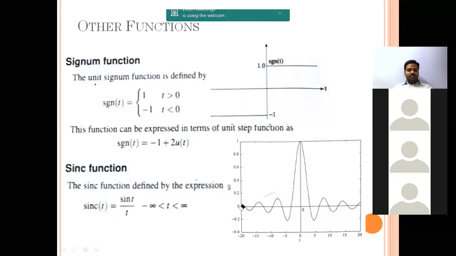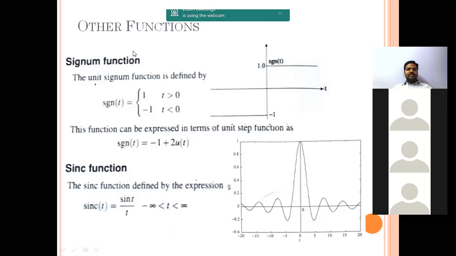Similarly, the sinc function is also available. The amplitude is largest at t equal to 0, and the amplitude decreases as t approaches infinity. The sinc function may be defined from -infinity to +infinity as sin t by t. Whenever you see a function of this type, you can directly consider it a sinc function.